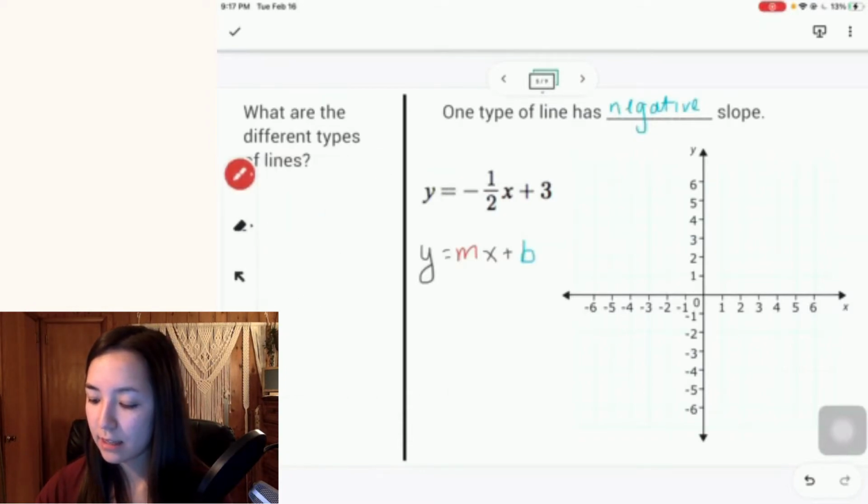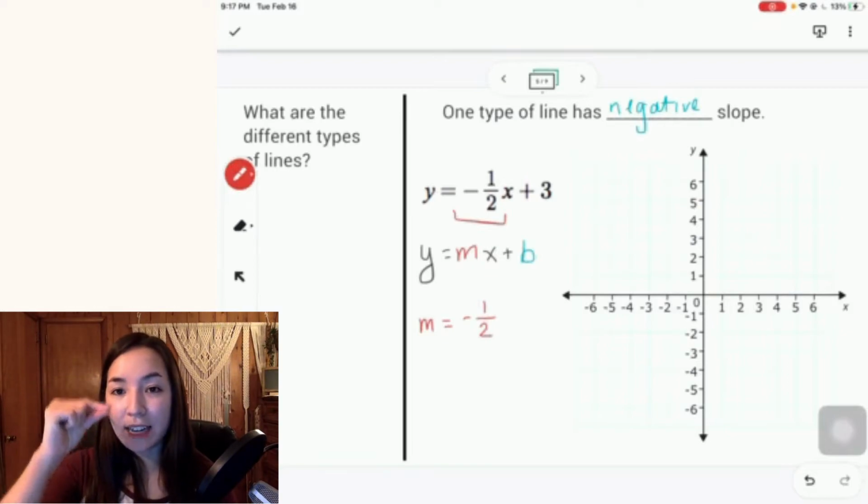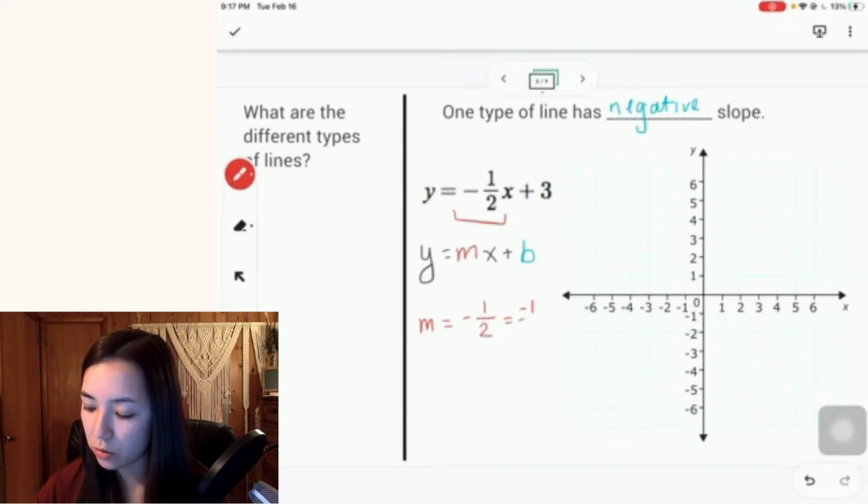In this case, our m is negative 1/2. We can actually move that negative up and down, which is nice. This is the same as negative 1 over 2, which is also the same as 1 over negative 2.